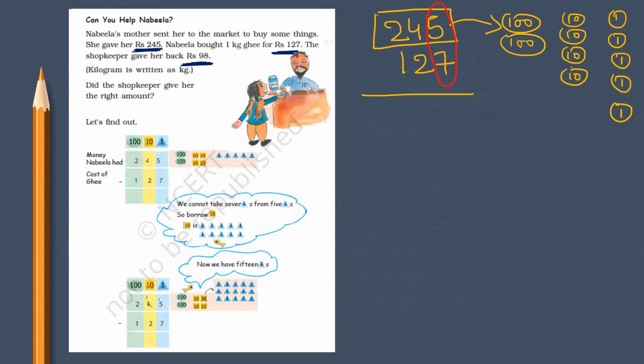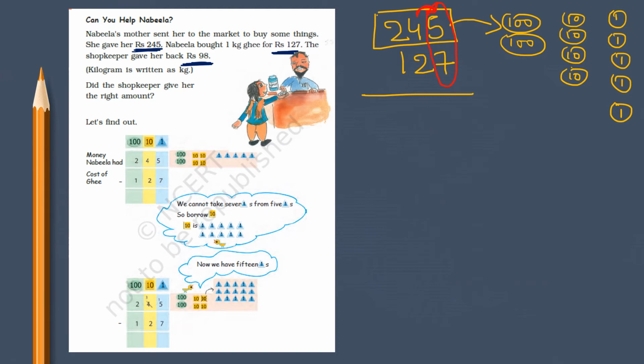If you have, for example, 5 chocolates and someone is telling you to give 7 of them, how can you do that? You already have 5 chocolates. You can't give more than 5 chocolates. So we borrow one chocolate. For example, we are talking about chocolates here. Okay, we borrow one chocolate from the tens place.